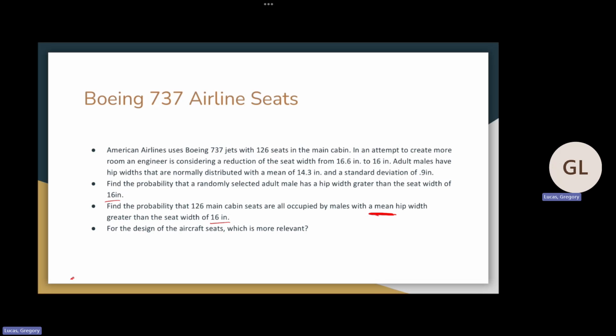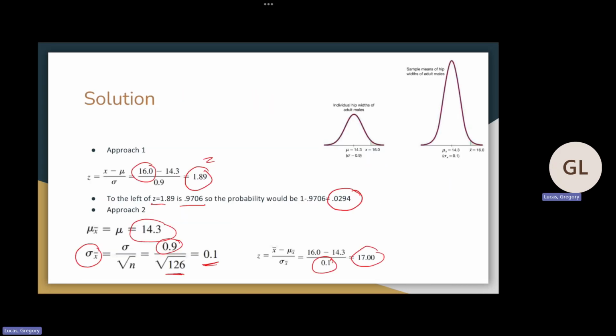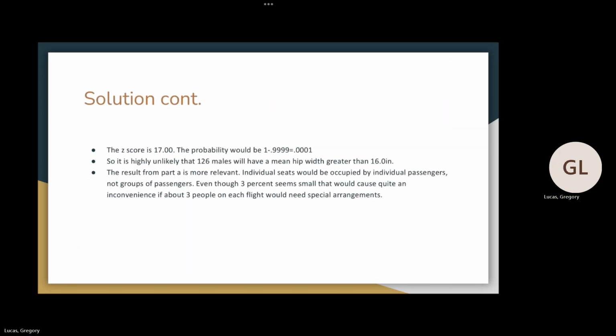Second piece tells us the mean. The mean may not be as helpful. So the mean here we see the probability is 0.001%. So the mean might not have a significant value here, which is a very small chance that the mean is greater than 16 inches.